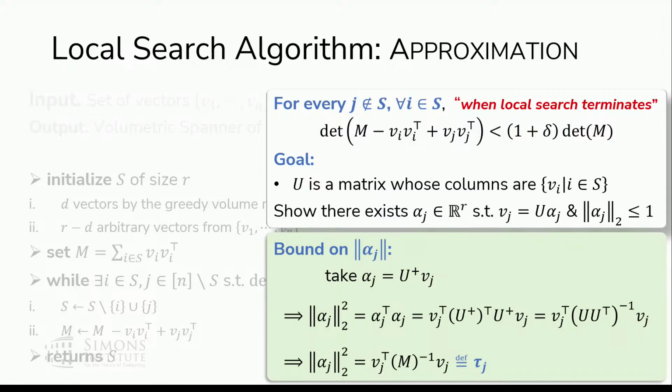So first of all, let's see if we can get a bound for alpha j here. If I want to solve for alpha j, I can just take the minimum norm solution, U pseudo-inverse times Vj. The norm of alpha j squared is basically Vj transpose (UU transpose) inverse Vj, which I write as Vj transpose M inverse Vj, and define it as tau j.